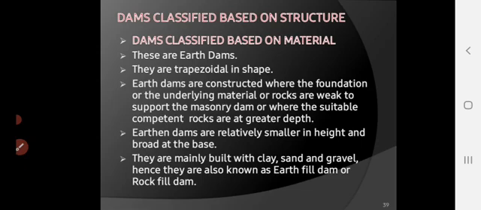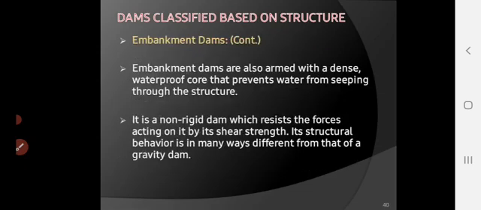They are mainly built with clay, sand, gravel, hence they are also known as earth-fill dam or rock-fill dam. Right? So another classification based on structure is the embankment dam, or earth-fill, rock-fill dam.